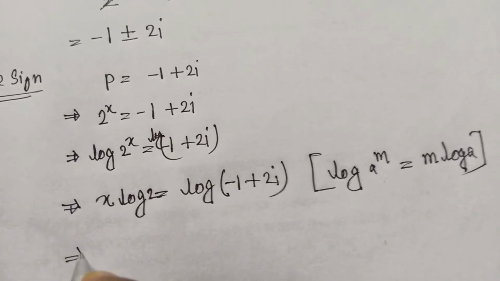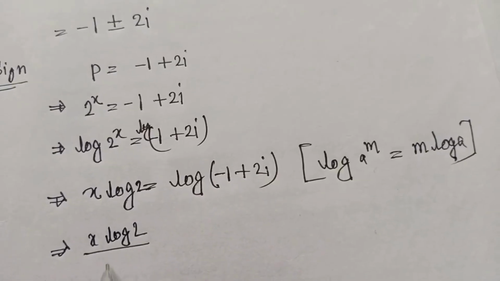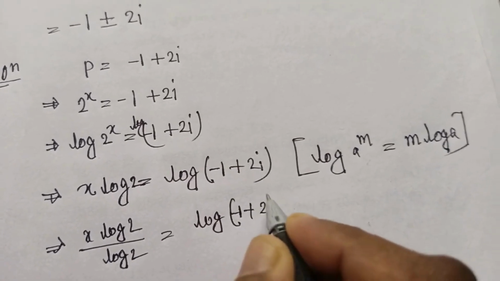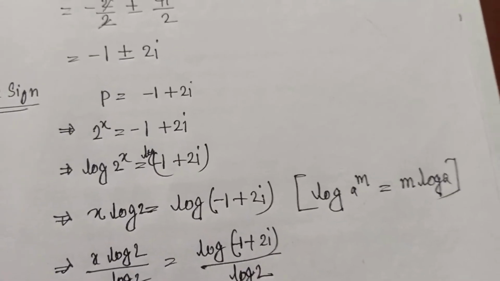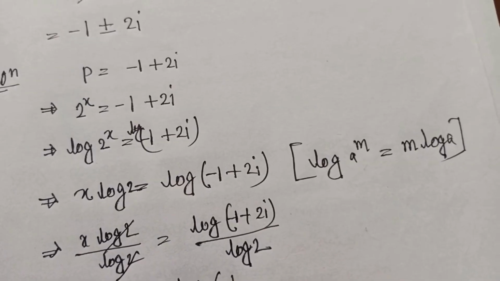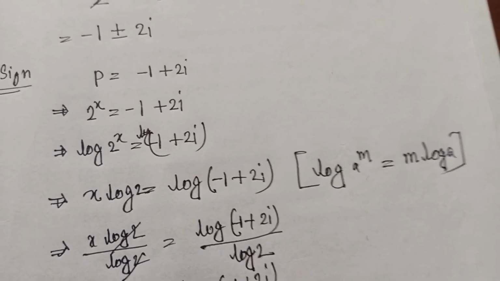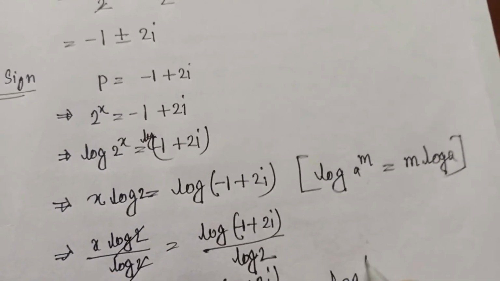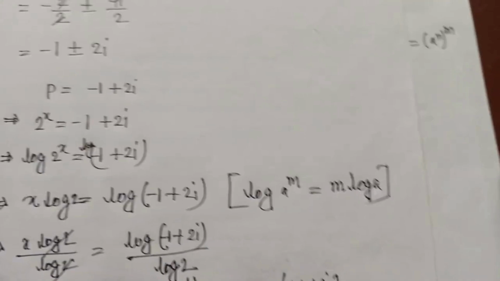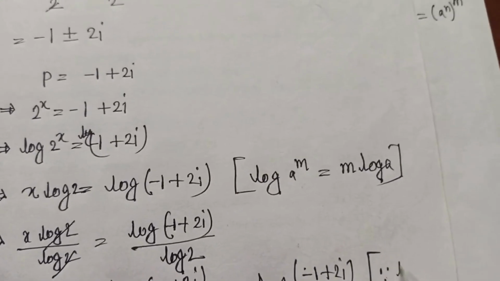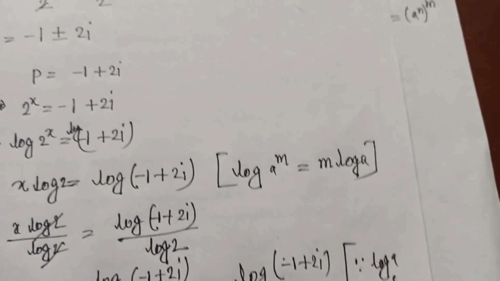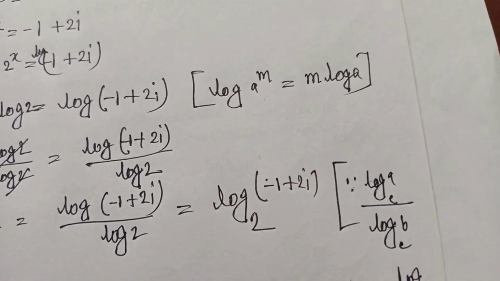Now if we divide by log 2 on both sides, x becomes log of minus 1 plus 2i by log 2, and using log a base c by log b base c equals log a base b, it becomes log of minus 1 plus 2i base 2.